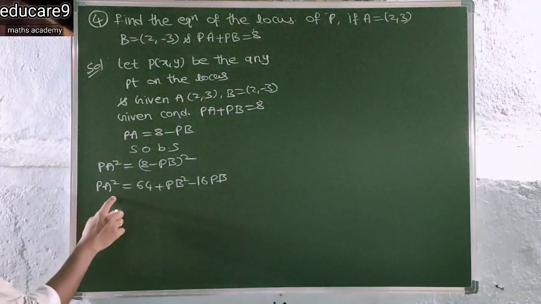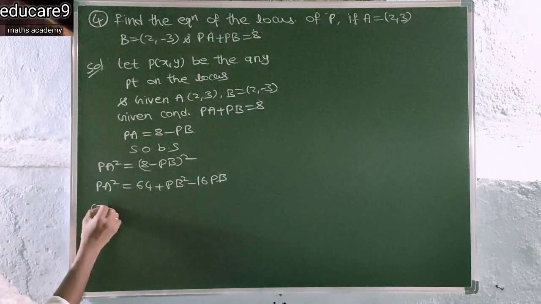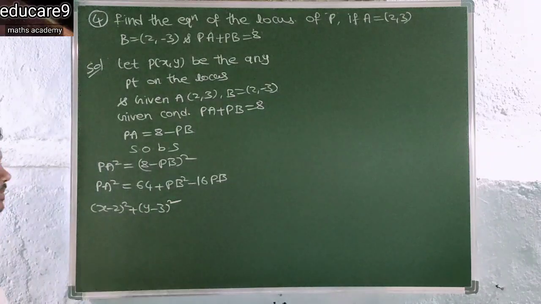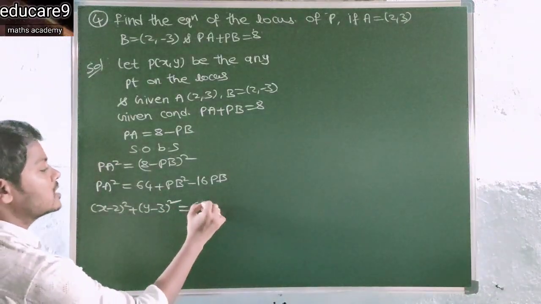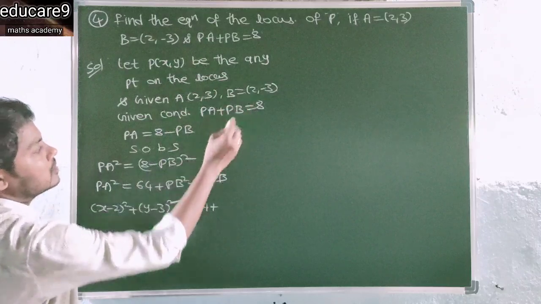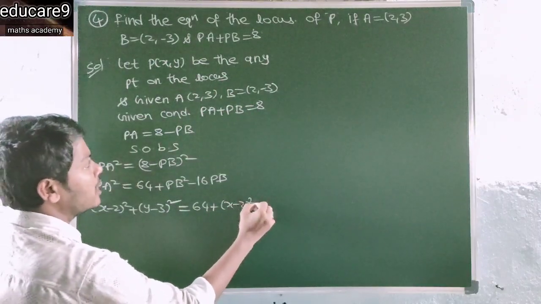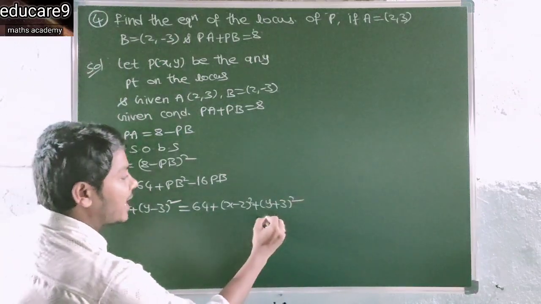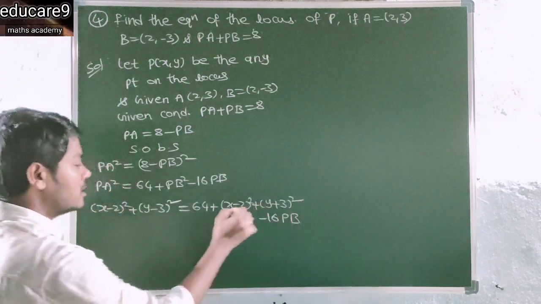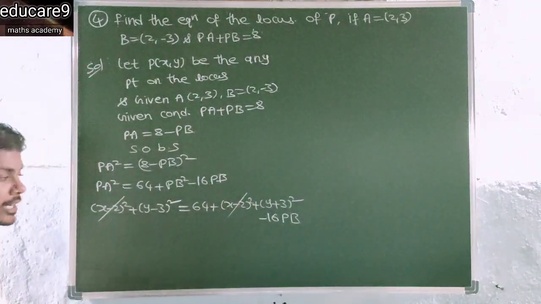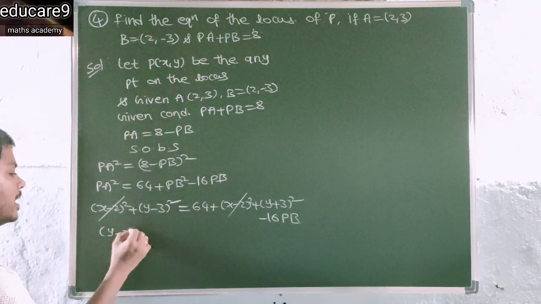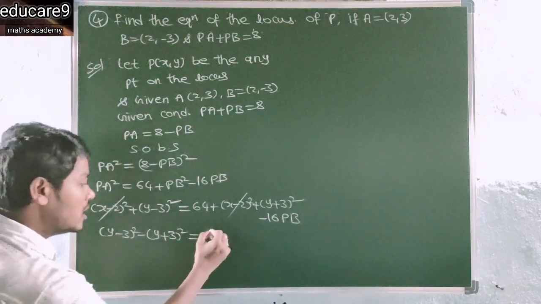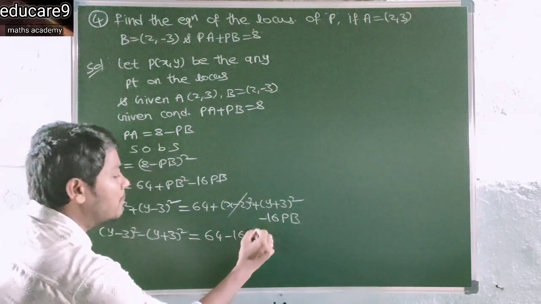So here PA denotes the distance between P and A, that is (x minus 2) whole square plus (y minus 3) whole square. So this is equal to 64 plus PB square, so that is (x minus 2) whole square plus (y plus 3) whole square minus 16 PB. See here (x minus 2) whole square gets cancelled. Now (y minus 3) whole square minus (y plus 3) whole square is equal to 64 minus 16 PB.